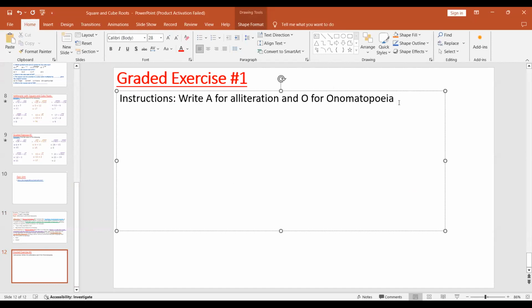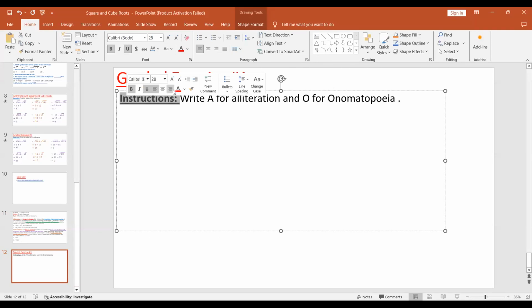So write the sentence down, and whenever it's an onomatopoeia, you write O. Whenever it's an alliteration, you write A. All right.